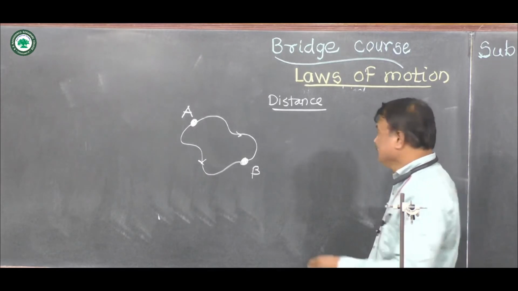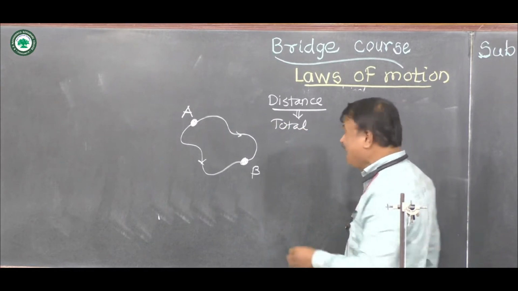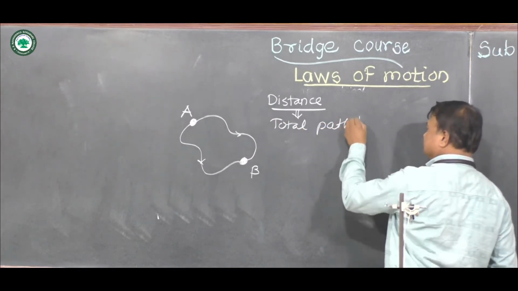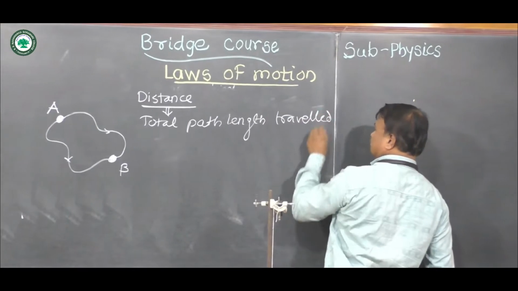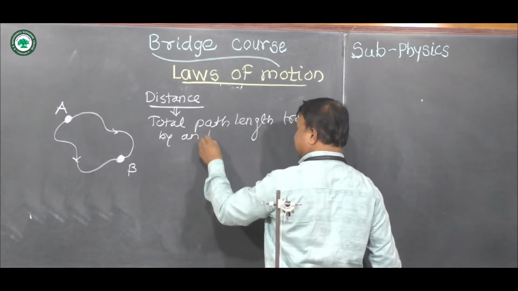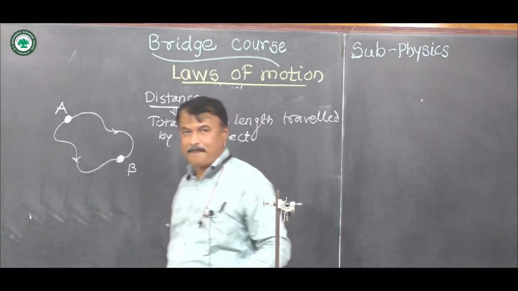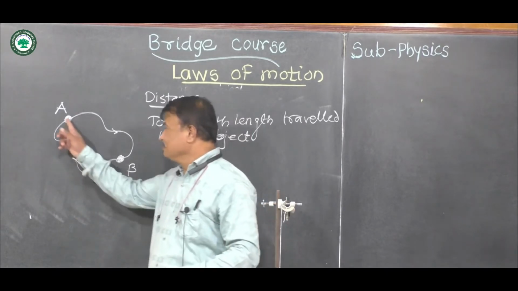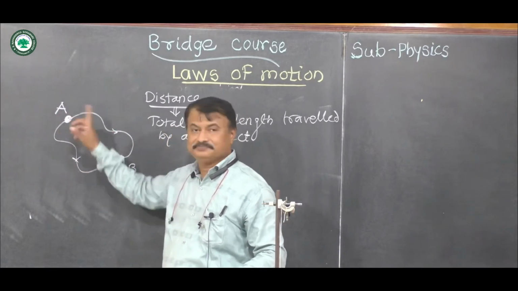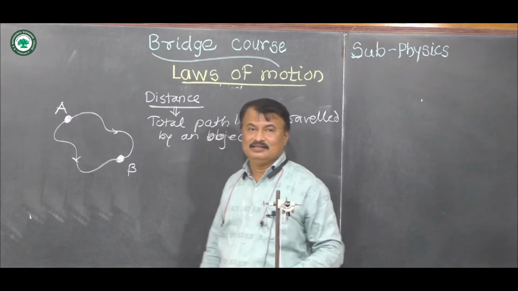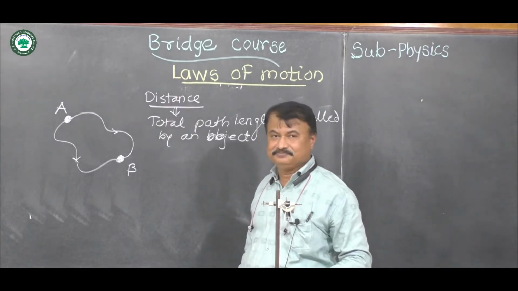Distance is the total path length traveled by an object. It is simply distance. It means when the object moves from A to B, as in this one, and again B to A, this is the total length of the path followed by the object, and therefore it is called distance.